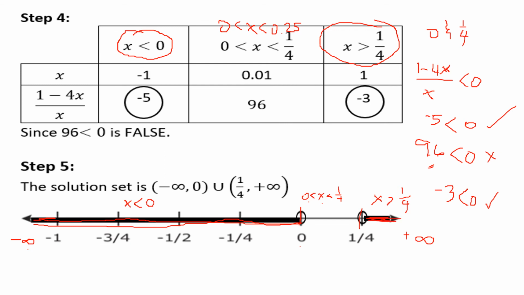That's why our answer is negative infinity to 0 union of 1/4 going to positive infinity. We use union since there is a part that is not part of our solution set.